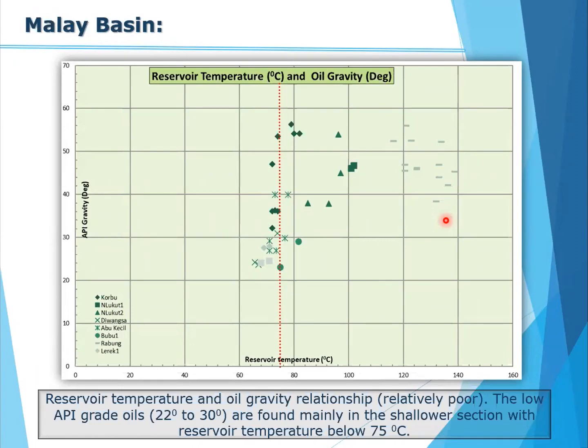Here we have a scatter diagram of different oils from the Malay Basin, and we see that most, if not all, of the oils at less than 80 centigrade, or to be precise 75 centigrade, on the left of the dashed red line, are biodegraded oils.